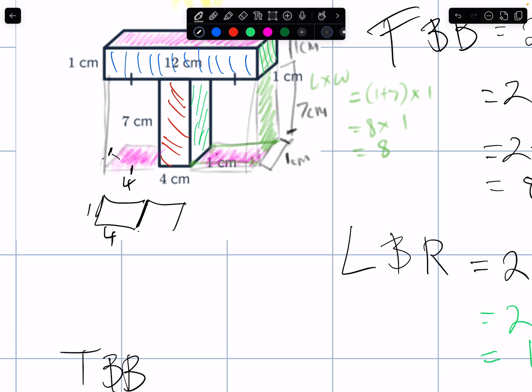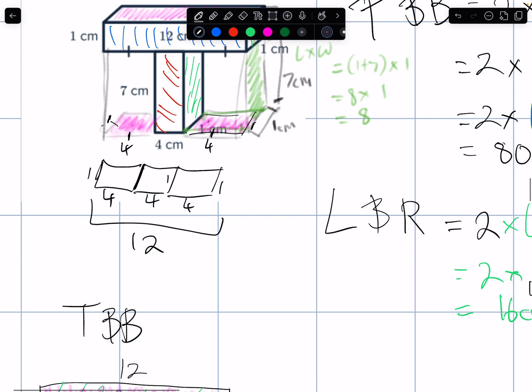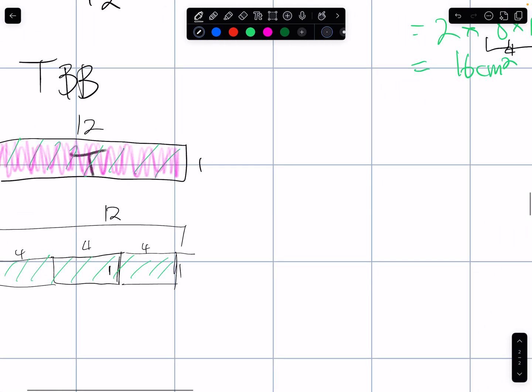Again, we have another 1 by 4 centimeter block. And then again here, this is 4, this is 1. We have another 4 by 1 centimeter block. So the addition of these is 12, which is the exact same thing we have at the top. So we're going to do it just as the rectangle.